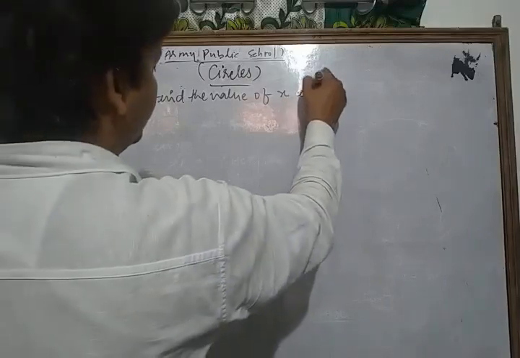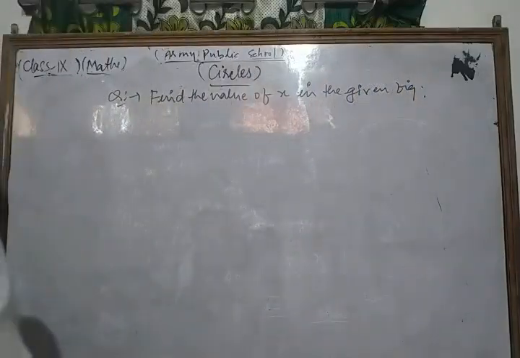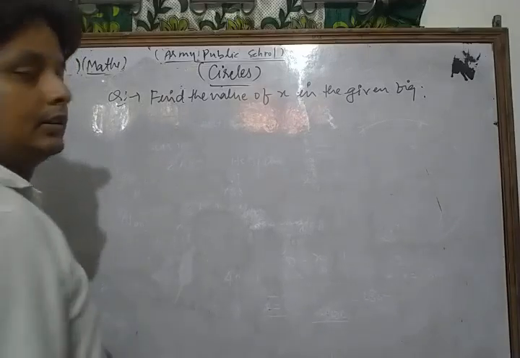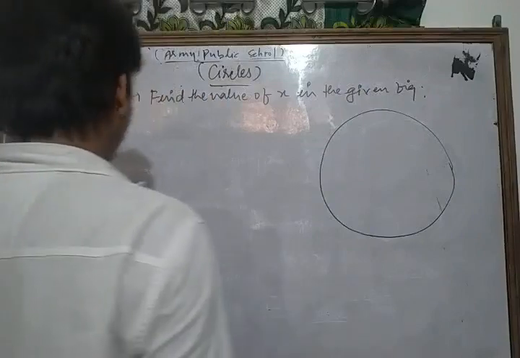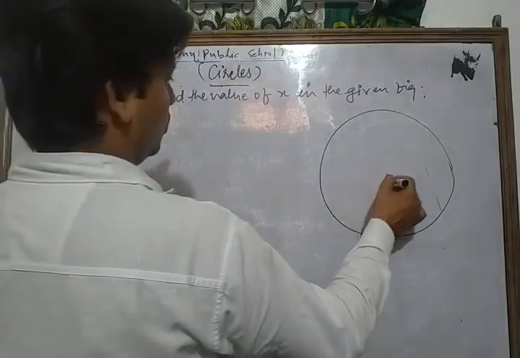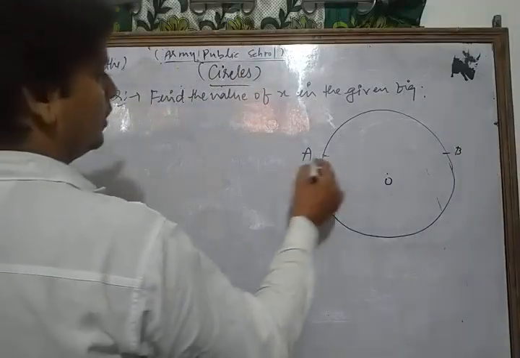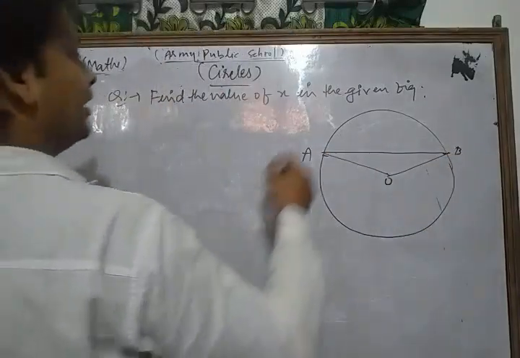Look, your figure is, dear friends, a circle with center O, this is A, this is B. OA, OB, AB, this is C here.